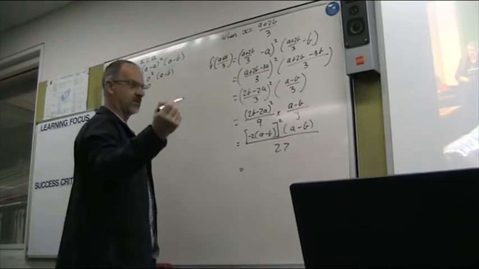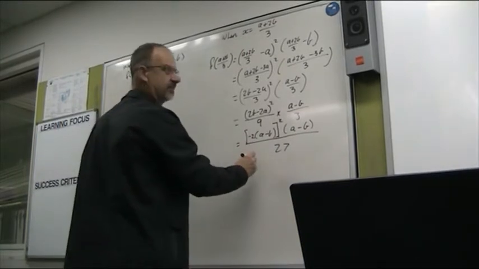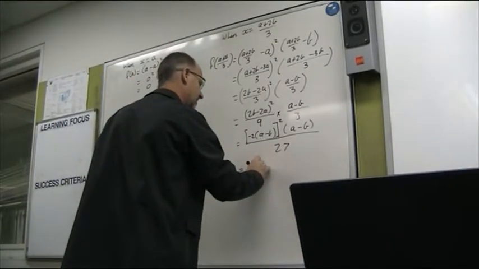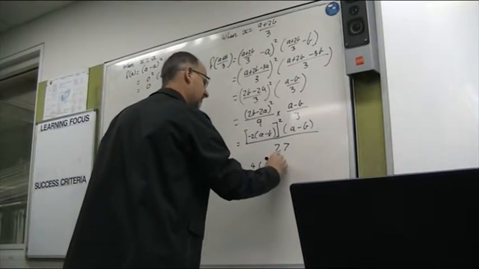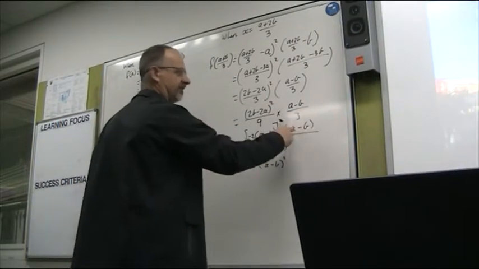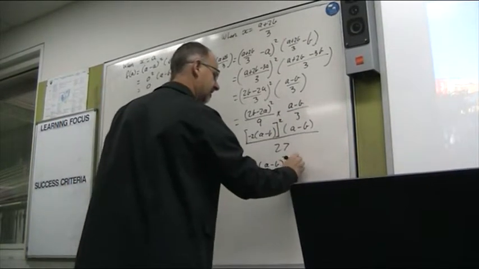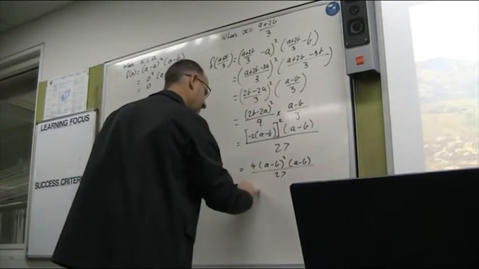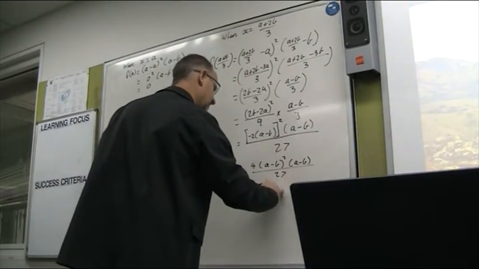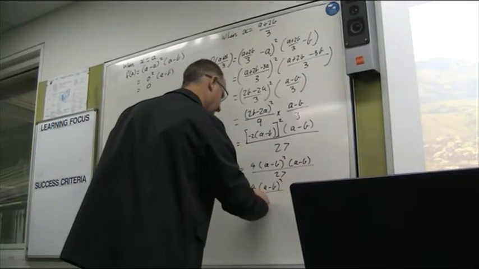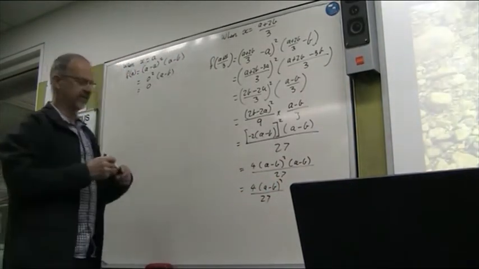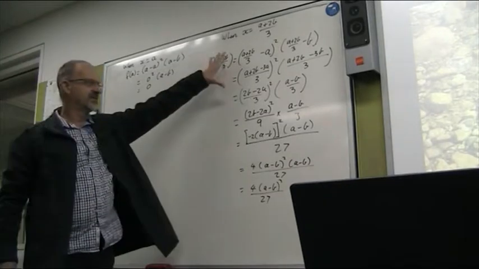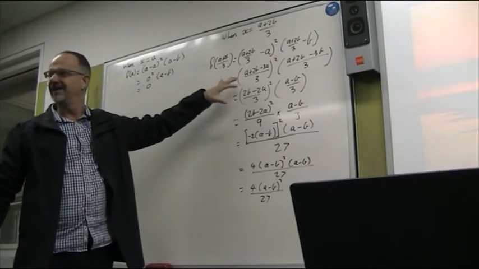So now I'm going to square it. And so when I square negative 2, I get 4 (a minus b) squared. And then I've got this a minus b as well, over 27. (a minus b) cubed over 27. All right, so you can see it's pretty messy.